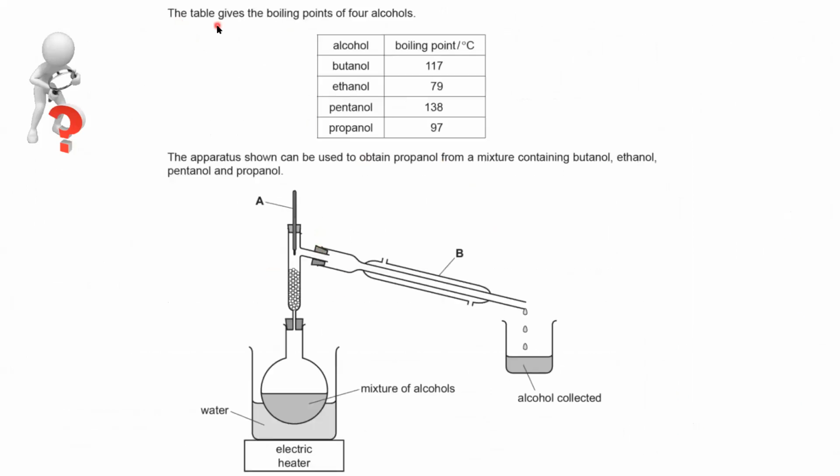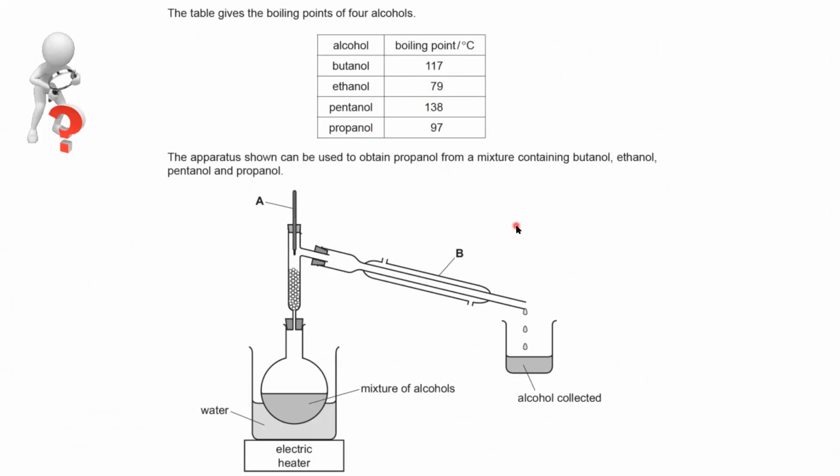So the first one, the table gives different boiling temperatures: butanol, ethanol, pentanol, propanol. The apparatus shown can be used to obtain propanol from a mixture containing butanol, ethanol, pentanol, and propanol.